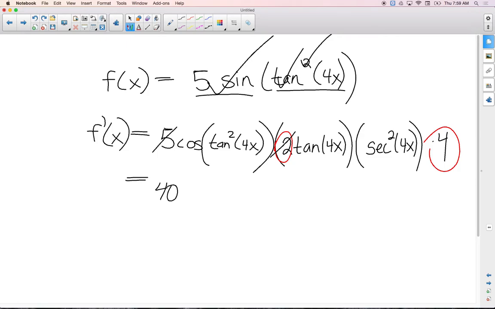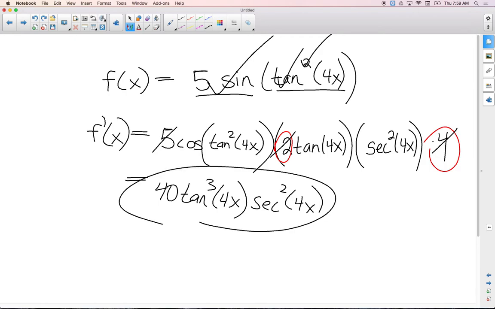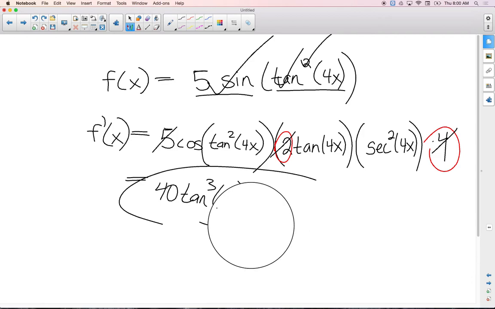So those are done with, okay? What about tangent squared 4x times tangent 4x? Tangent cubed 4x, times secant squared 4x. Done.